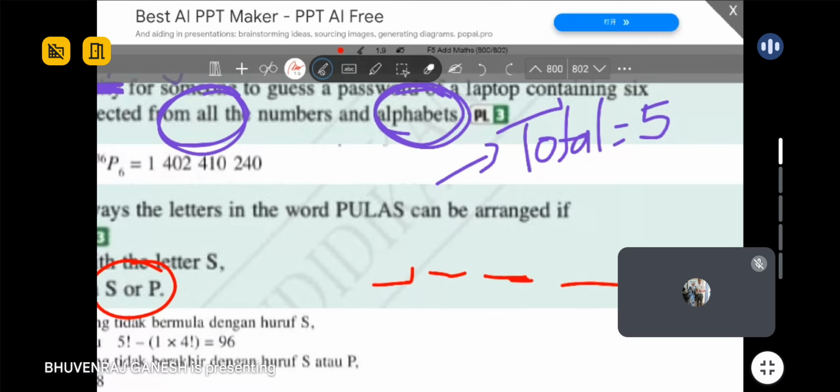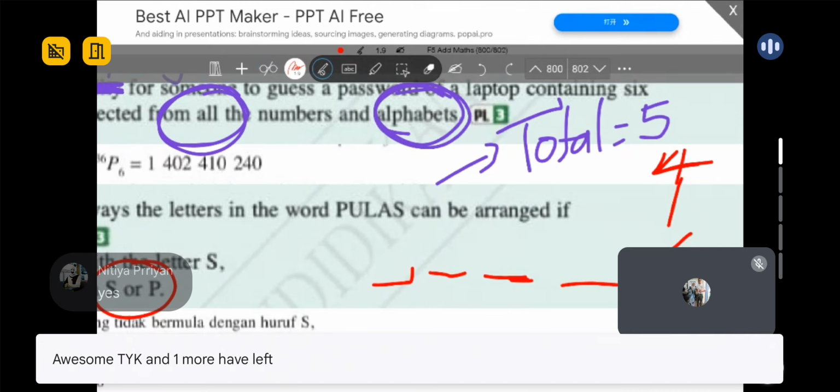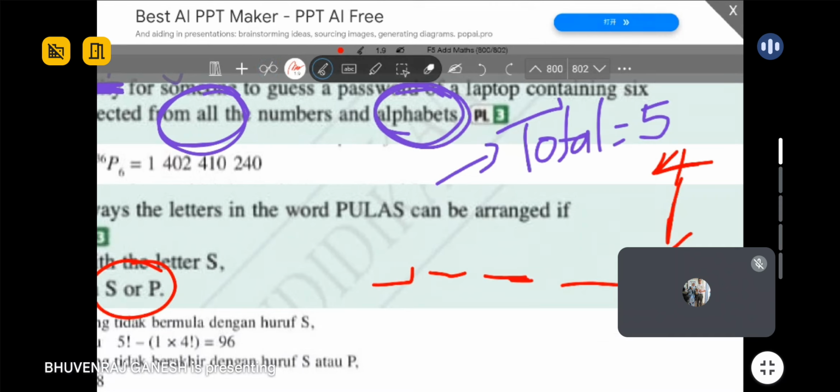So first case, let's say it ends with S. Dia tak boleh akhir dengan S. So that means you can put 4 letters here. Am I right? If it never ends with S, I can basically put 4 letters at the end. Then the remaining will be 4, 3, 2, 1.